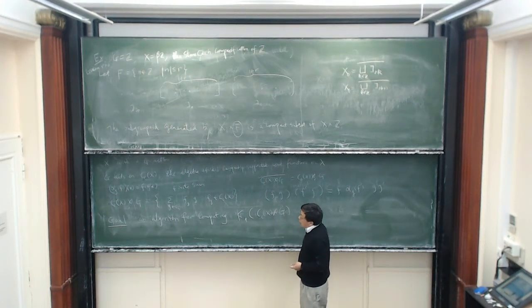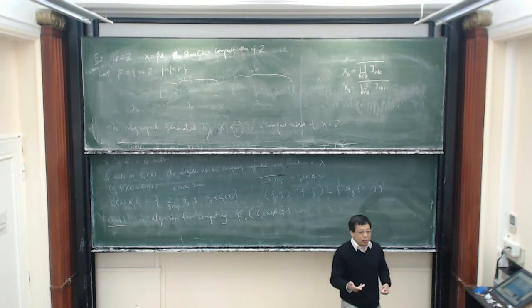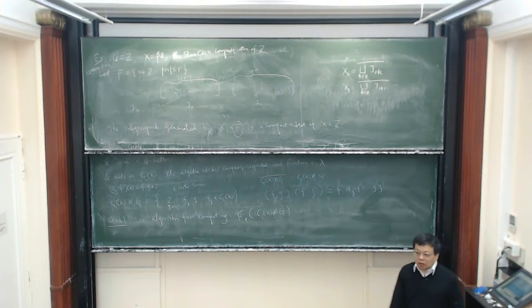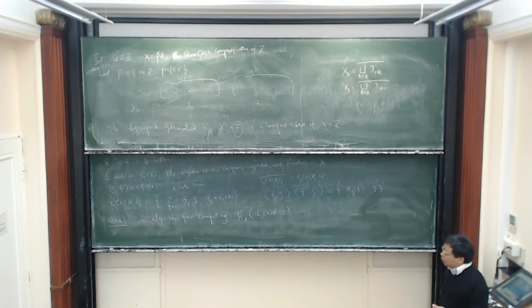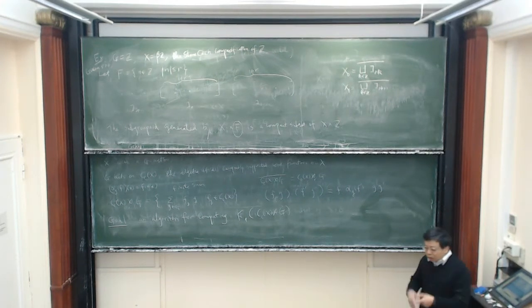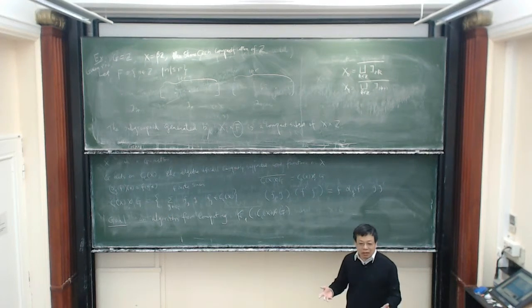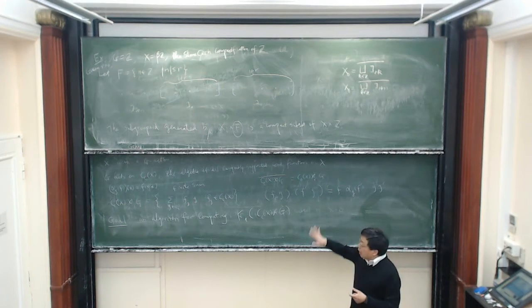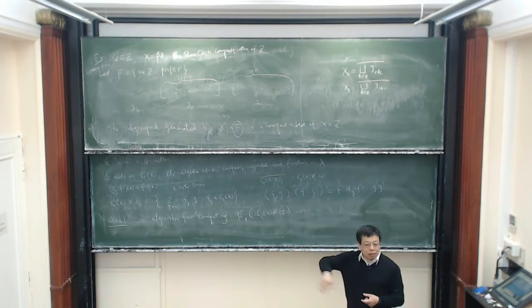Now, in algebraic topology, how do we compute K-theory or any homology or cohomology theory? The most effective way in algebraic topology is cutting and pasting. To talk about cutting and pasting, we want to have a subspace. In the algebraic context, a subspace amounts to an ideal.